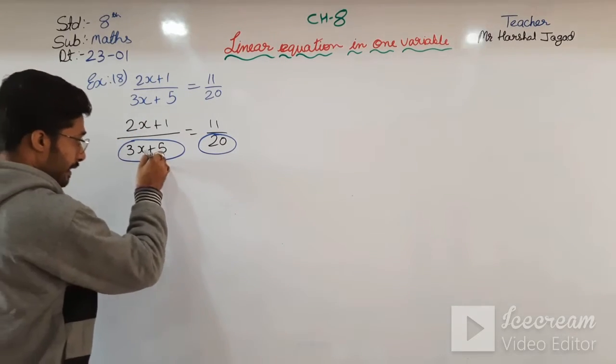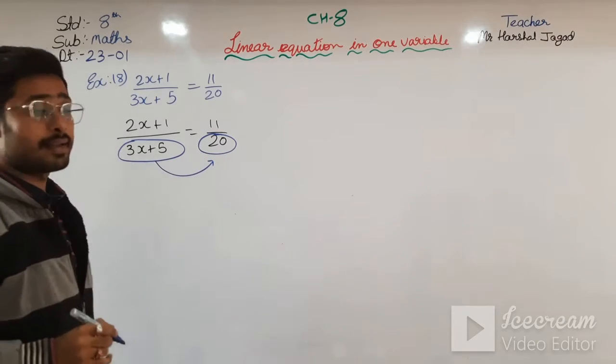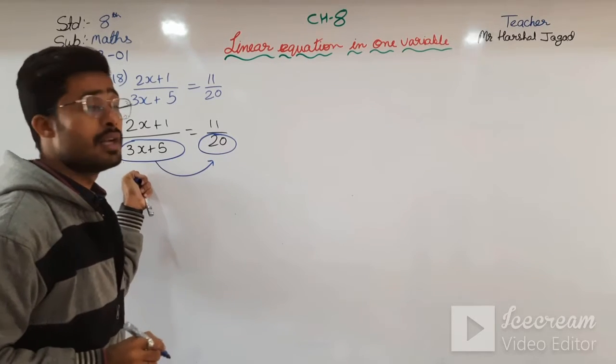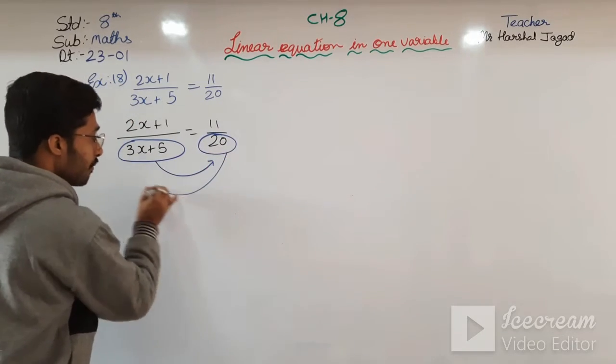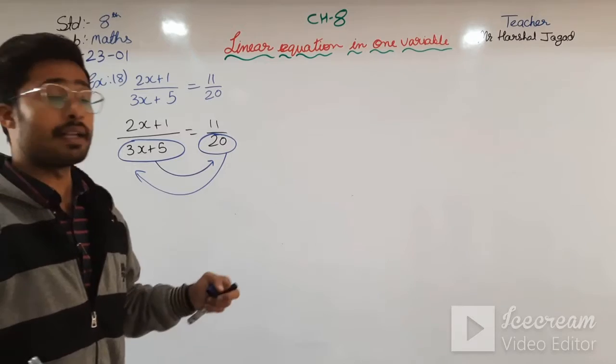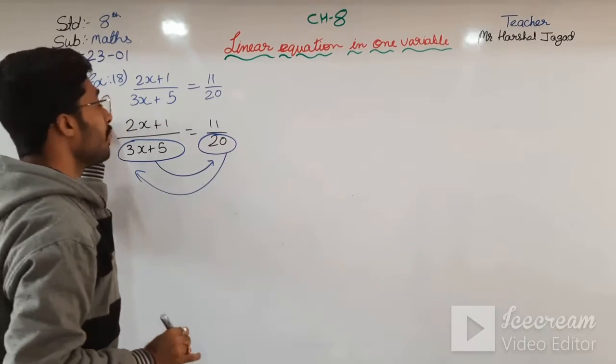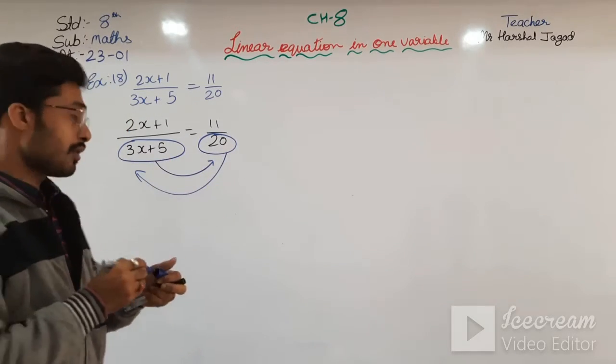If I take this over to this side, then this division part will come into multiplication, and if I take this division part towards this side, it will also come into multiplication on this side. So let us do that.